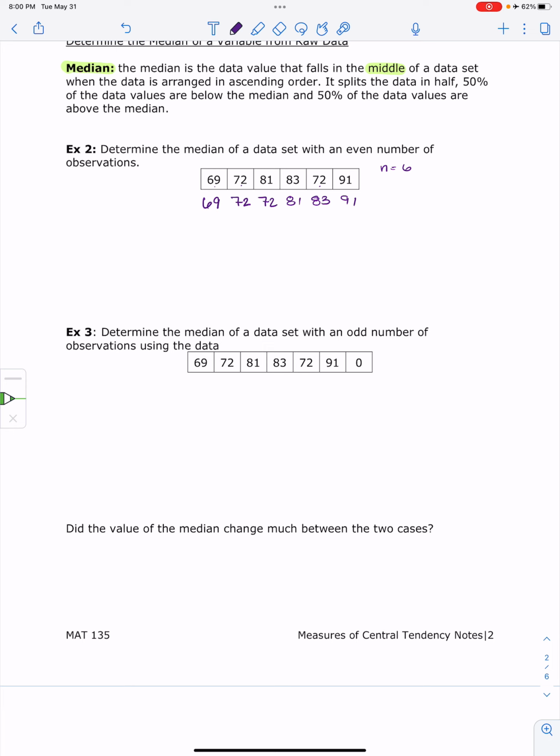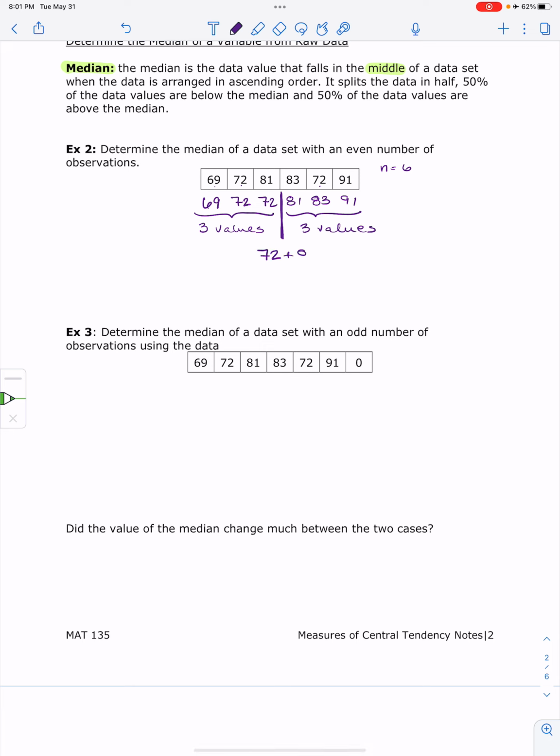Notice that if I want to split this in half, my number's going to have to be somewhere here in the middle. By half, I mean I have 3 data values below whatever the median is, and I have 3 values above. So this median has to lie halfway between these 2 values.